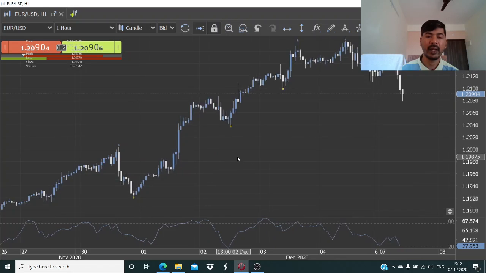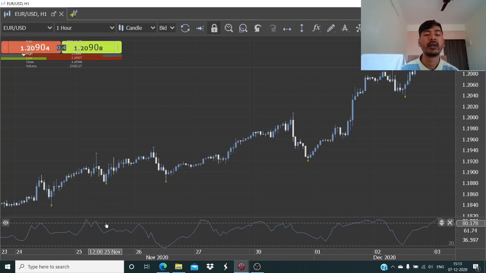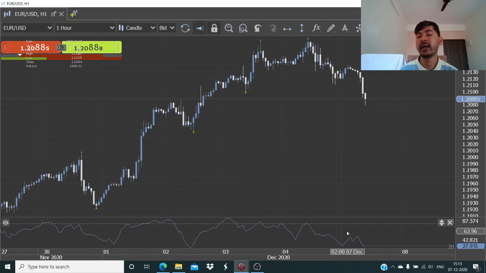But it's not that easy. Many times we will see that the values are not really going anywhere. For one hour it is going up, for another hour it is going down. Such instances can also arise in trading.